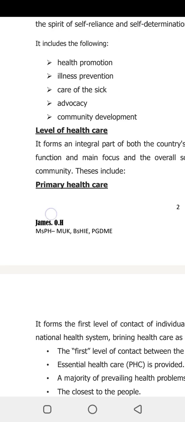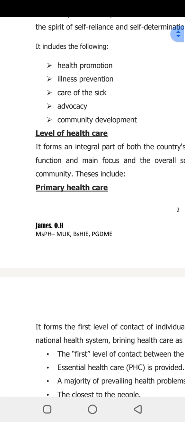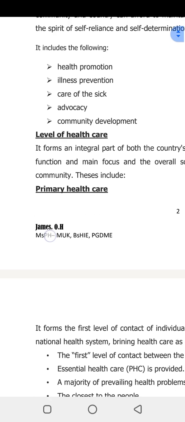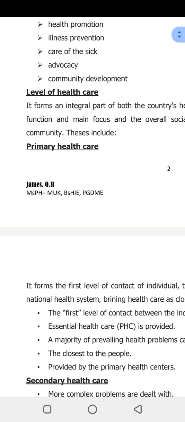So you make sure that you bring them on board so that the government and NGOs can even bring it to the attention of the WHO, that is the World Health Organization. We have UNICEF. There are a number of NGOs, just to mention a few. So you make sure that the people's needs are made known either to the government or to the concerned NGOs, so that they come out with a solution.